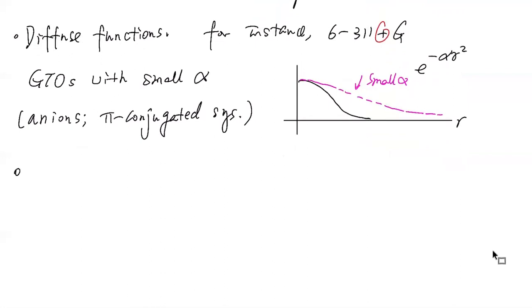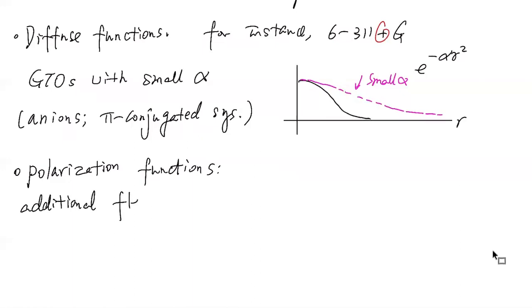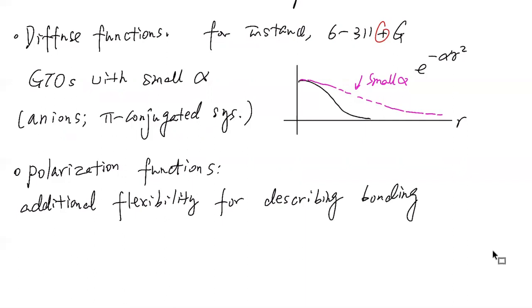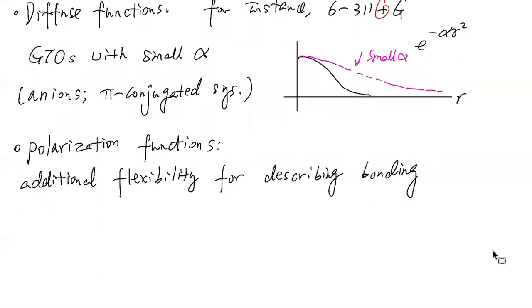Another type of function is called polarization function. Polarization functions add additional flexibility for describing bonding.